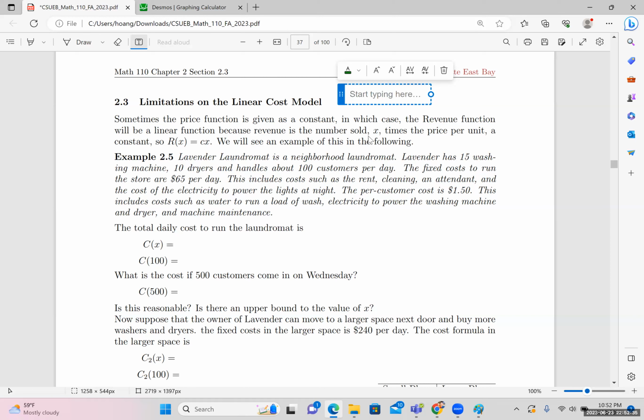As you know, the cost function before was a linear function, but in this section, we can see a case where the cost function becomes a piecewise defined function.